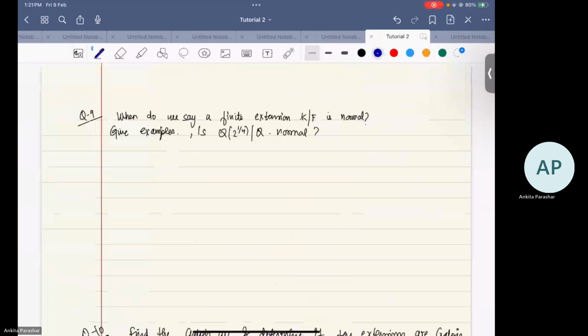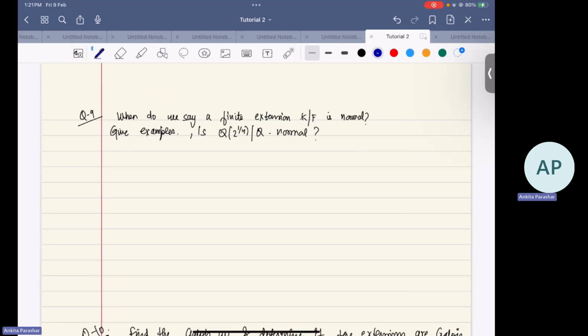Next question says: when is a finite extension normal? Think for a minute, what are normal extensions?